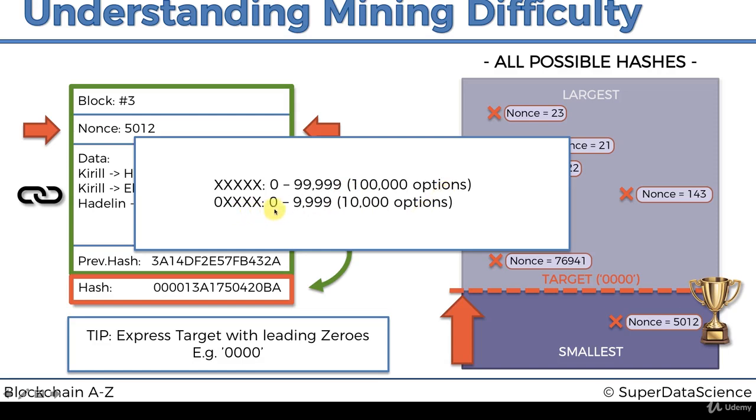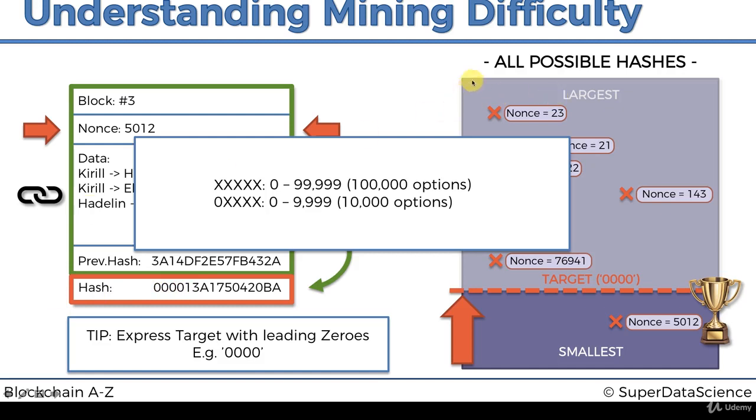And in the second case, 0 to 9,999, it's only 10,000 options. So by requesting one leading zero, we're effectively reducing the pool size by 10. In a hexadecimal number, every digit can have 16 values, so every leading zero is reducing the pool size by 16. So that's already helping us get a bit better feel for what's going on.